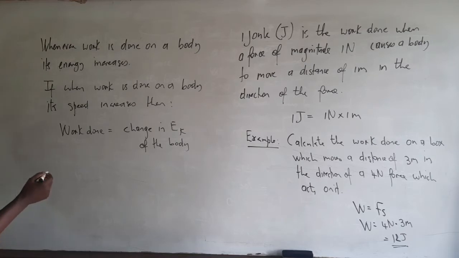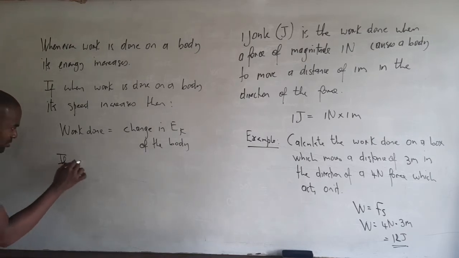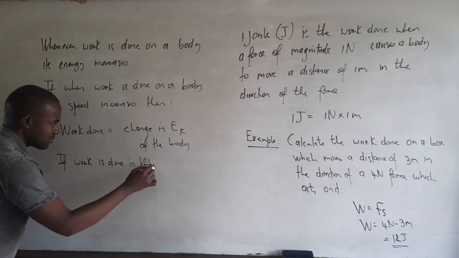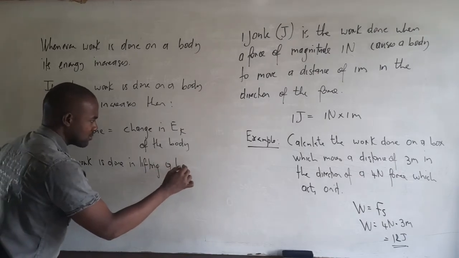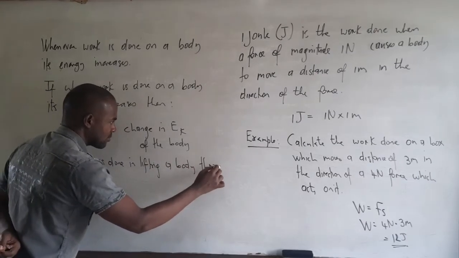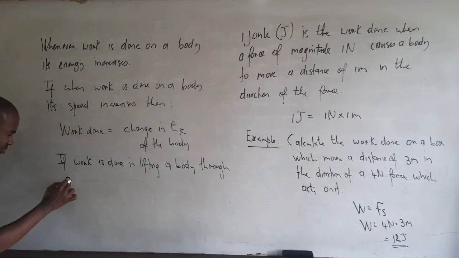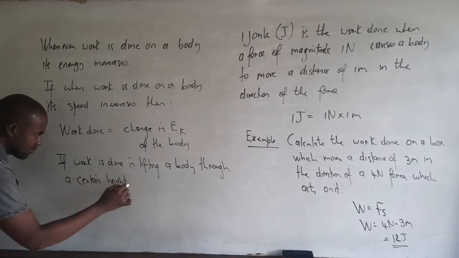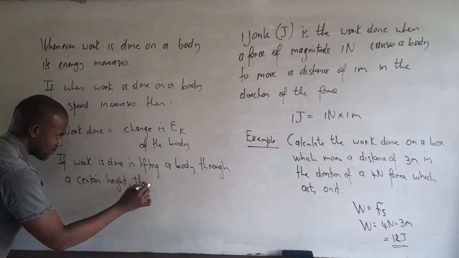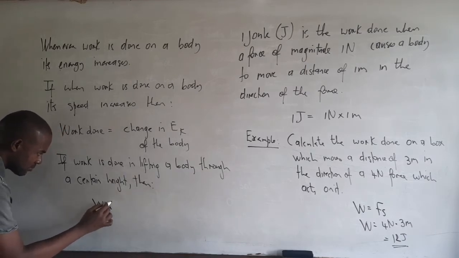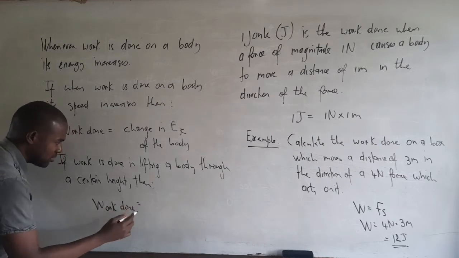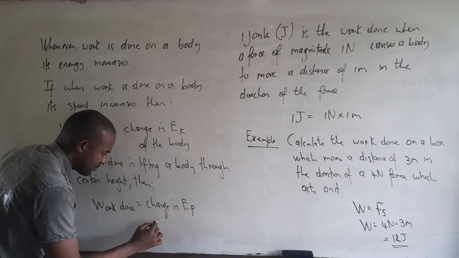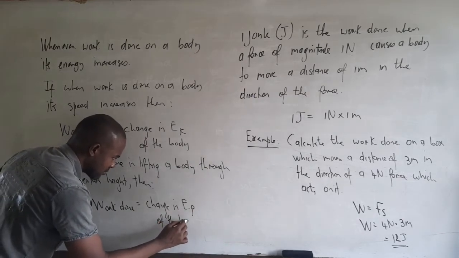So we say that if work is done in lifting a body through a certain height, then the work done is equal to the change in the gravitational potential energy of the body, right?